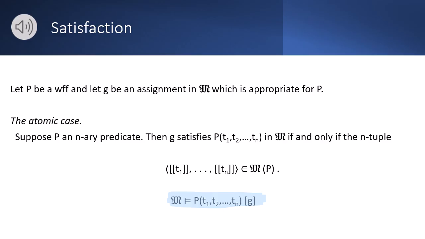Okay, so that's how we use the structure and that definition to first build up which atomic sentences in our first order language are either true or false. True meaning that they're satisfied in the structure, and false meaning that they're not satisfied in the structure.